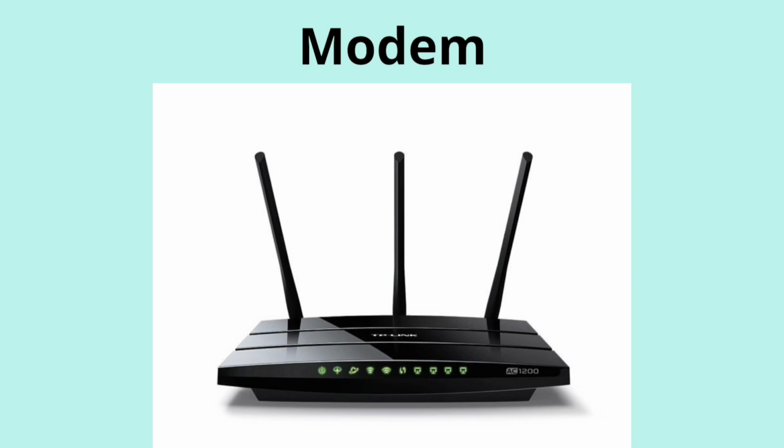Modems are used to send data across the telephone network. The telephone lines can only transfer analog signals, so a modem is used to convert a computer's digital data into an analog signal. Another modem converts the signal back to a digital format at the receiving end.